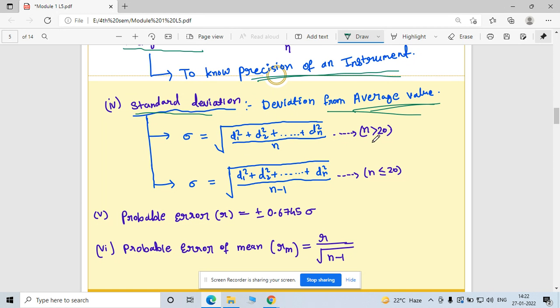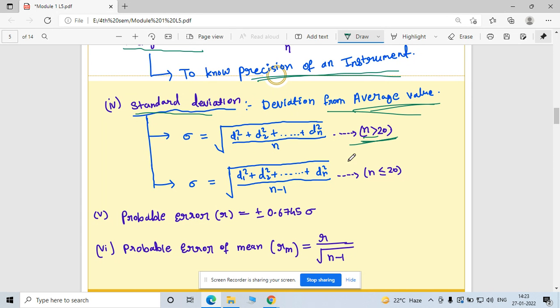This formula is valid when the number of readings is greater than 20.